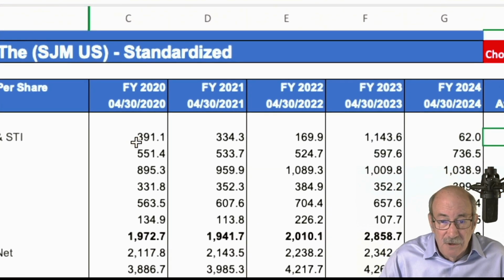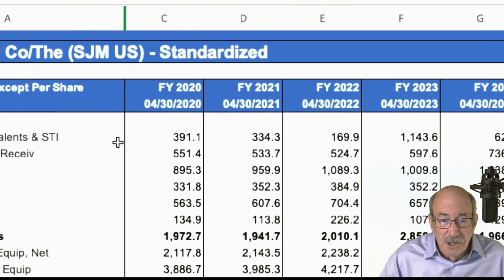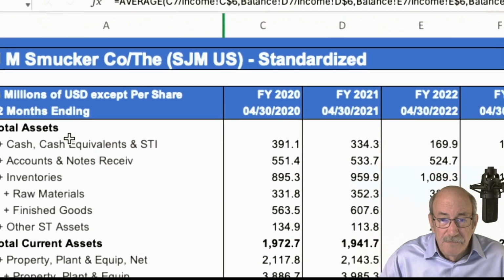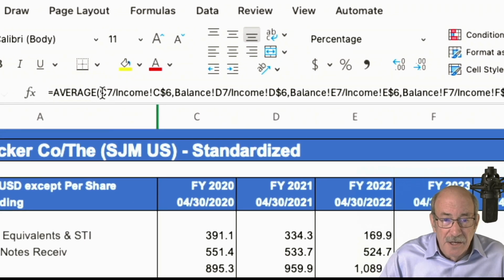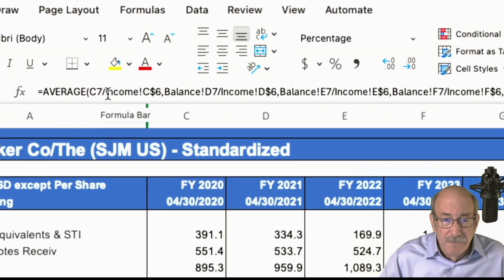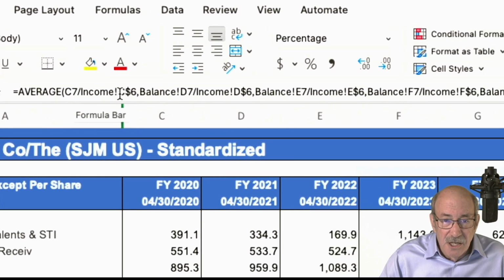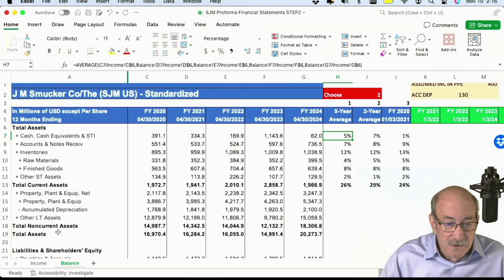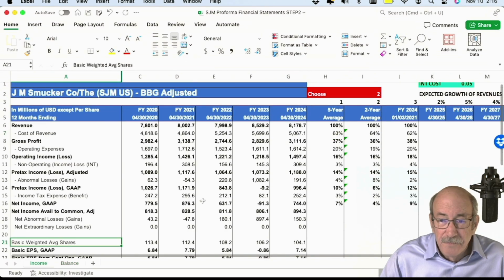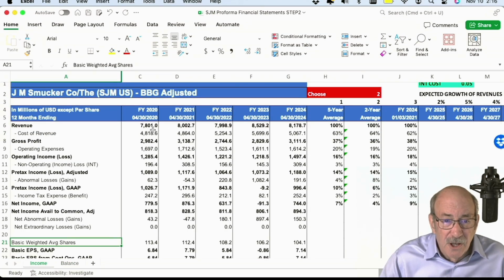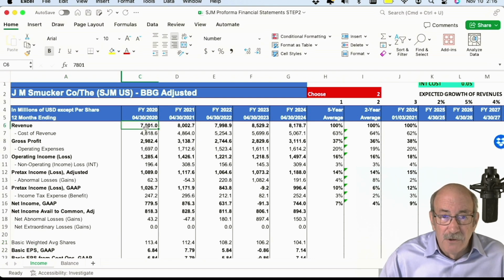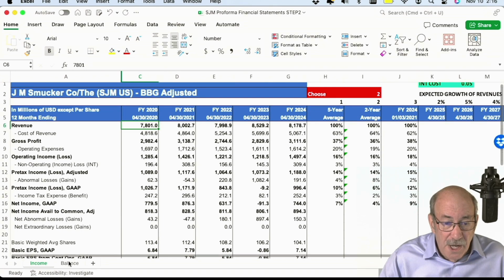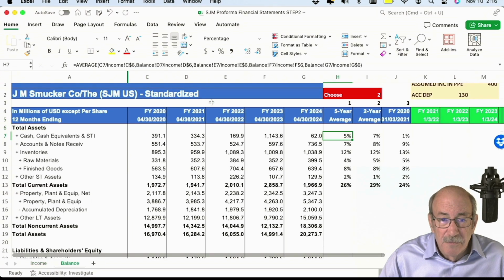That's this one right here, 391.1. I took that and divided it by cell C6 on the income statement. Let's go over to cell C6 on the income statement, and we notice that cell C6 is our revenue for 2020. So that's one element of that formula.